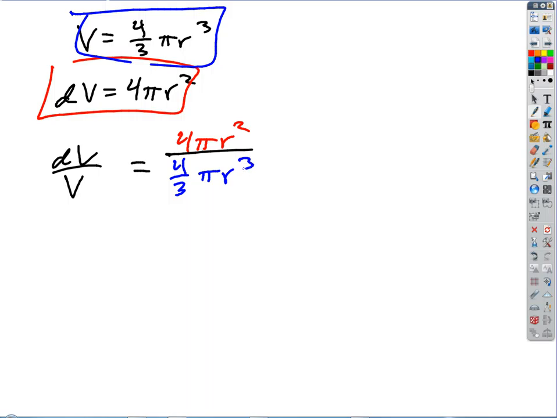Right? So if I cancel everything out, the 4's cancel, the pi's cancel, and r squared cancels. And so on the top I get 1, on the bottom I get r over 3. So what does that simplify to? 3 over r, yeah. If I divide by a fraction, I just flip and multiply. Right? And so now all I've got to do is plug in one quantity, just r. Right?